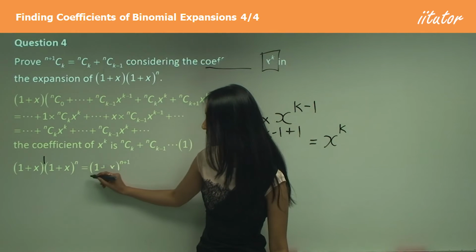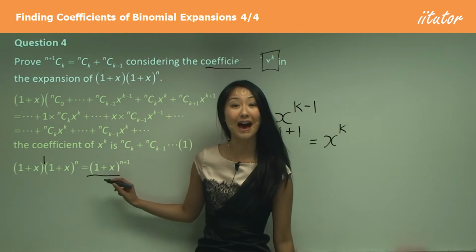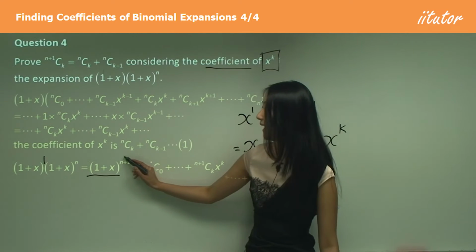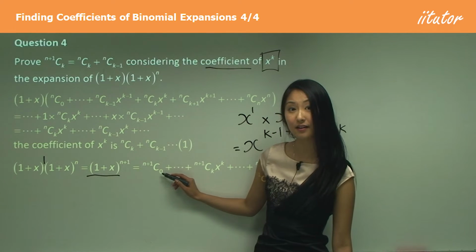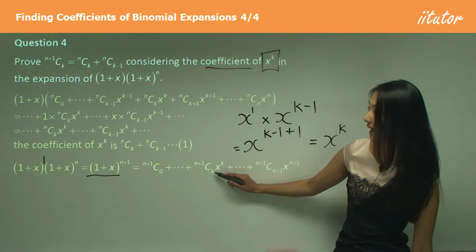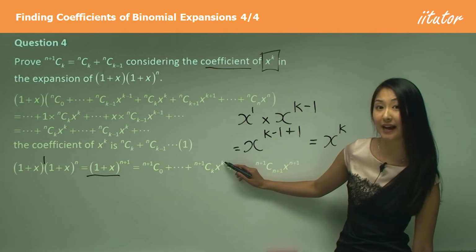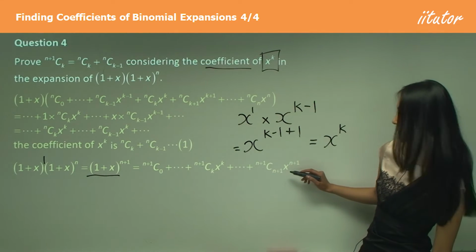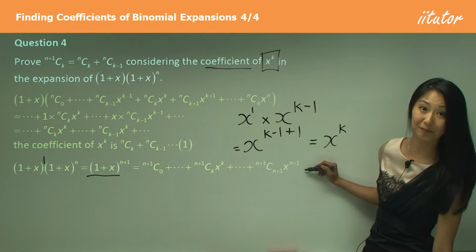So now I'm going to consider the expansion of that, which is just (n+1)C0, yeah? And this will be (n+1)Ck x to the power of k, right? And we'll finish off with (n+1)C(n+1) x to the power of n+1.